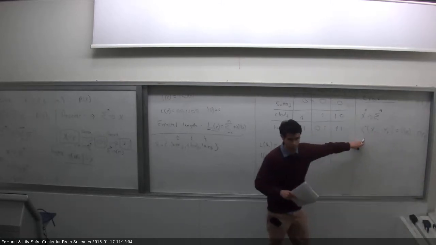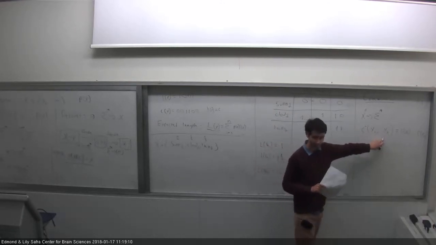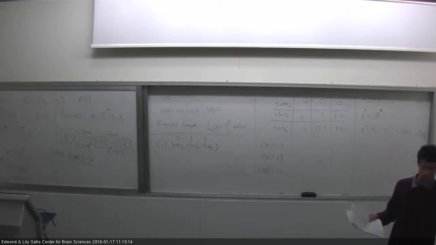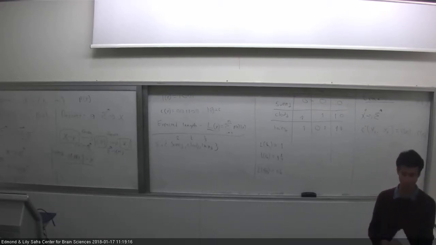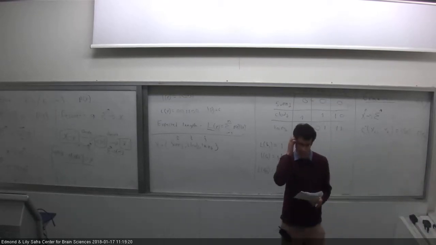So now I have a code, and I want to know how to encode n messages. Basically, just encode each message separately and send them like this.